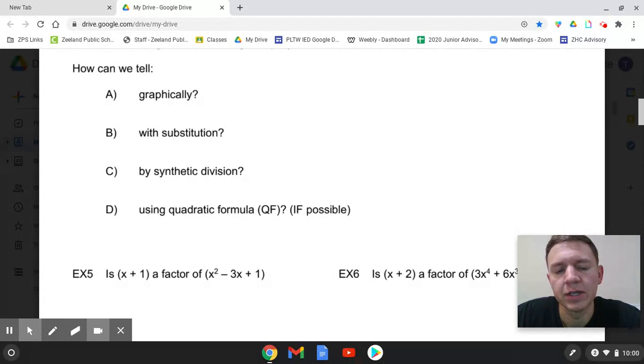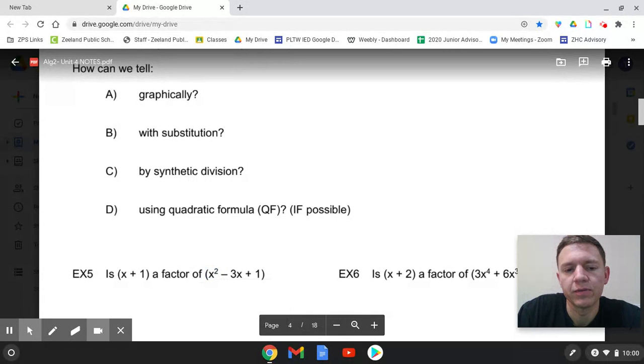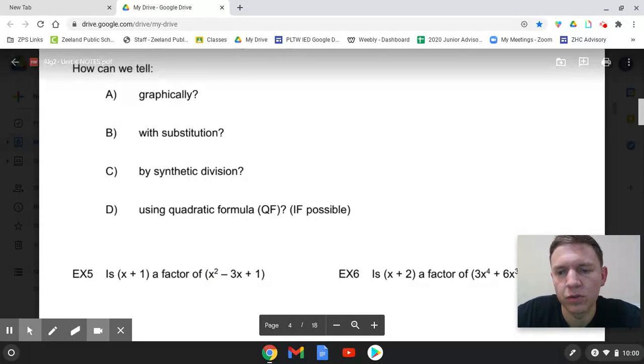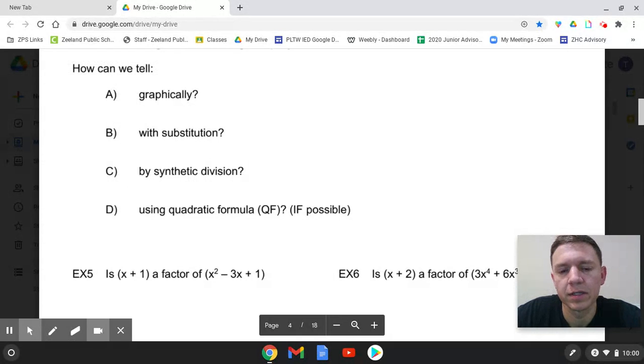Notice it says, if possible. I hate using the quadratic formula unless I have to. I don't want to do it. It takes forever. It takes a lot of writing. And also, you can only use it when you have a trinomial with degree 2, where the leading term is squared, then x, then no x.